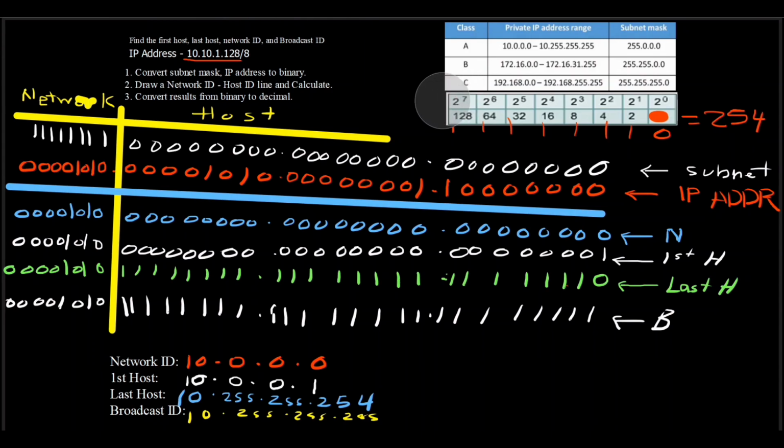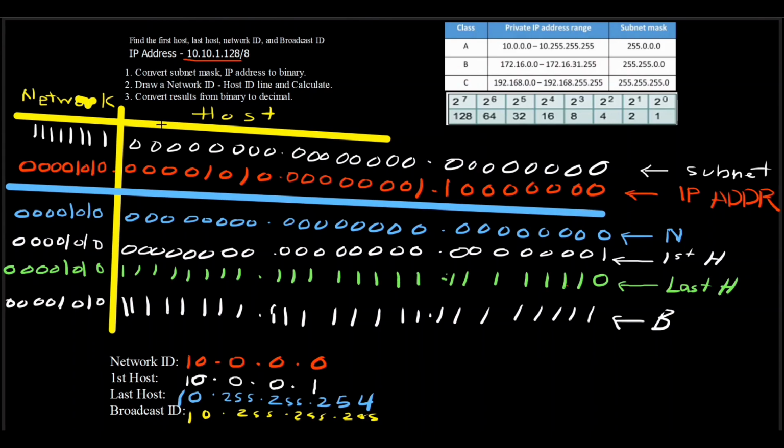All you need to do is to practice and have this chart in front of you to help you understand. You're just going to convert the subnet mask and IP address to help you understand where's the network and where is the host. Then you're going to put in the network part whatever you have in the IP address back in the network part, and this will not change.